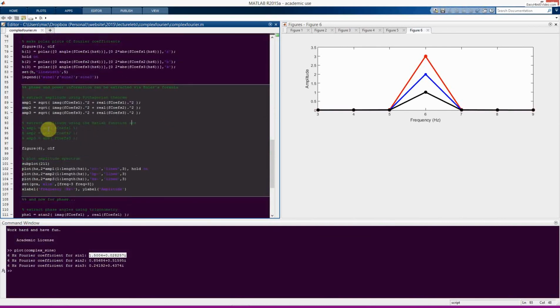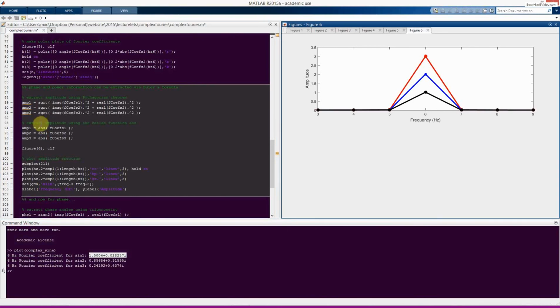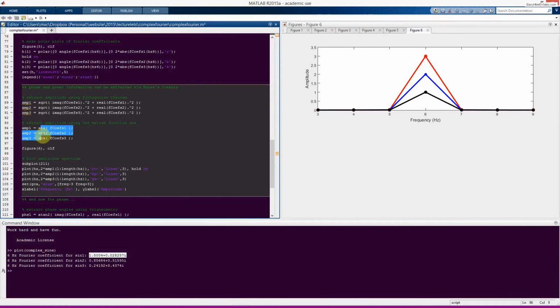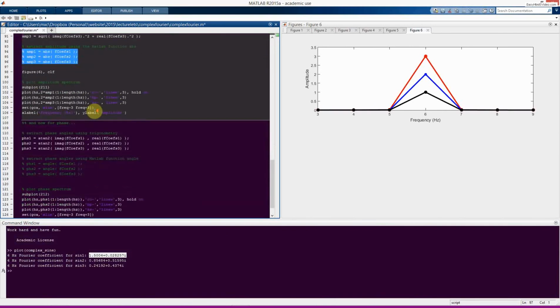The commented lines, lines 94 through 96, just show you that doing it the manual way through the Pythagorean theorem is the same as the MATLAB function abs. So in practice, I always use the MATLAB function abs. It's certainly easier than writing out all of this code.